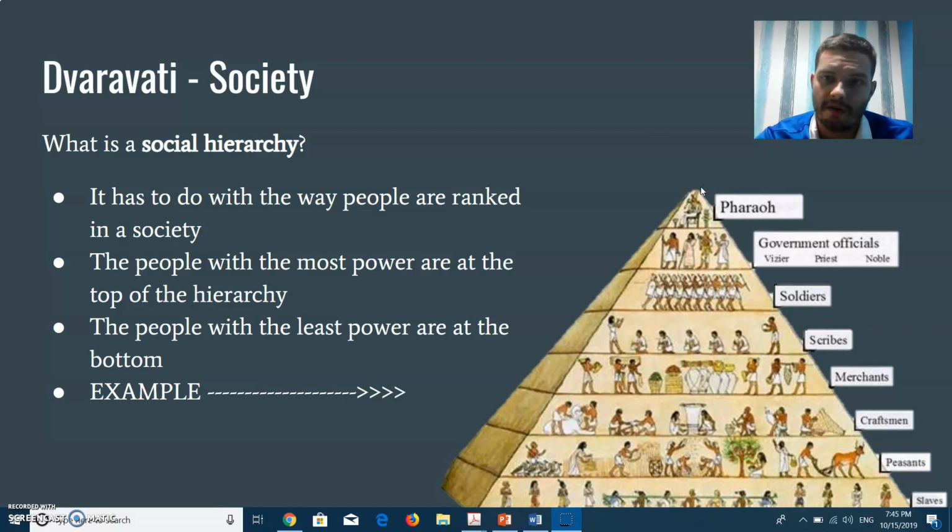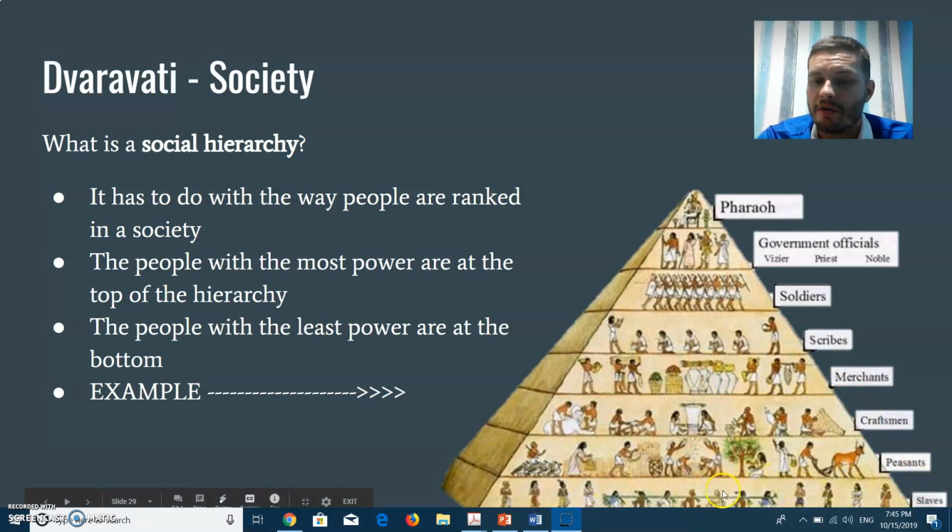So just for an example here, you can take a look at this pyramid, which is supposed to represent ancient Egyptian society. Of course, the pharaoh or the Egyptian king would have been at the very top of the social hierarchy, and then the government officials would have been a step below him, followed by soldiers, scribes, who are essentially people who write things down, the merchants, craftsmen, peasants, and at the very bottom you've got the slaves.